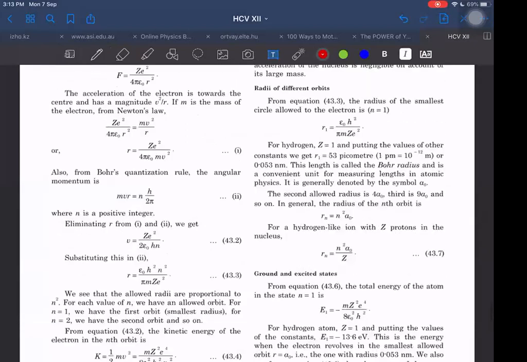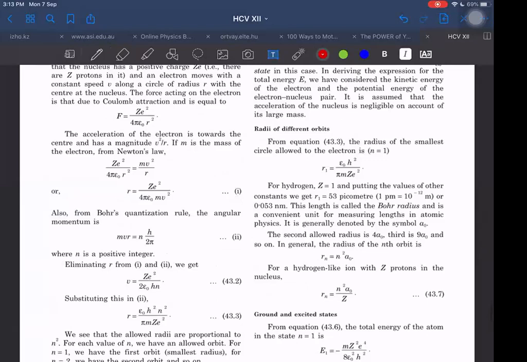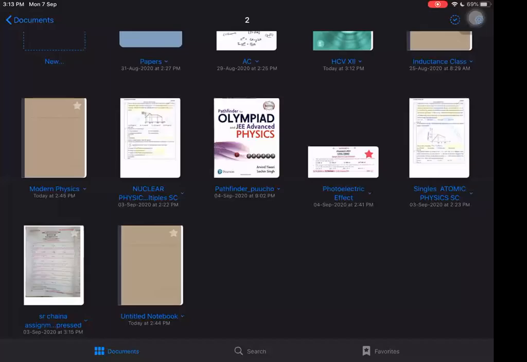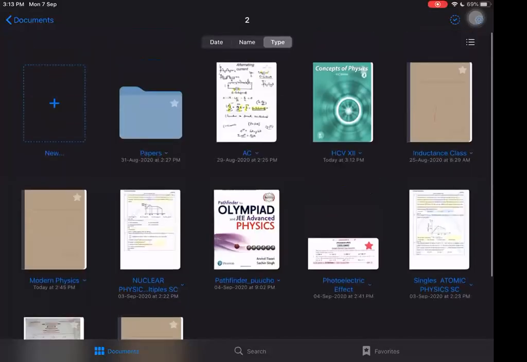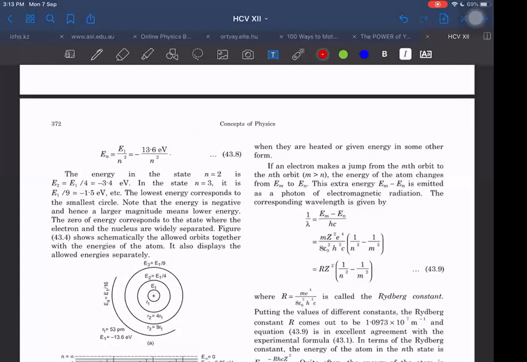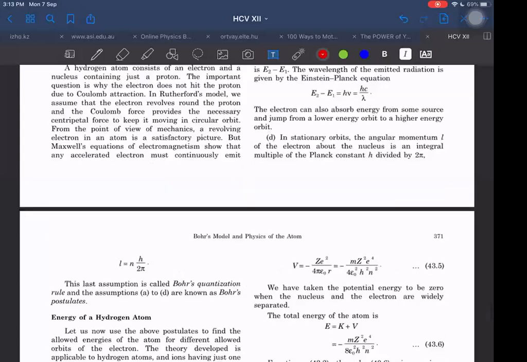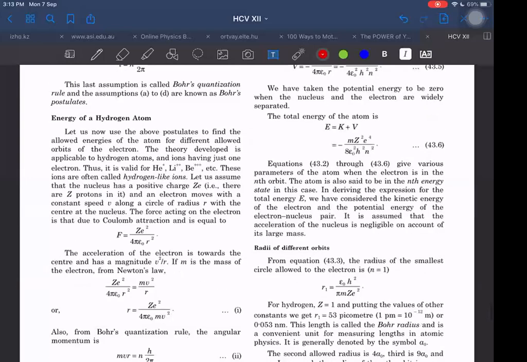I don't have to draw any diagram in Bohr's atomic model, just circles, that's it. No problem. I can do it.